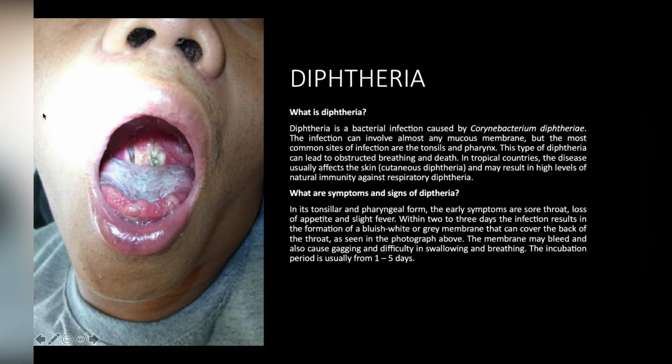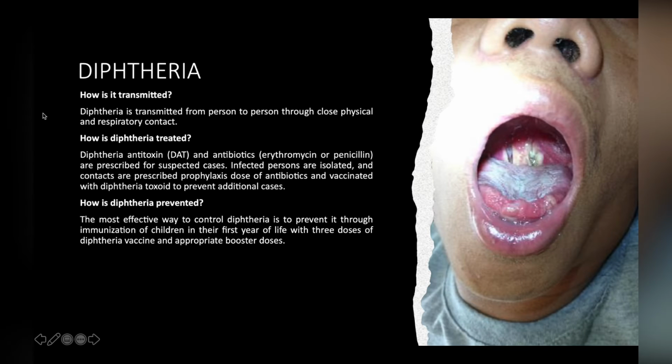The membrane may bleed and also cause gagging and difficulty in swallowing and breathing. The incubation period is usually 1 to 5 days. It is transmitted from person to person through close physical and respiratory contact. DAT and antibiotics are prescribed for suspected cases.